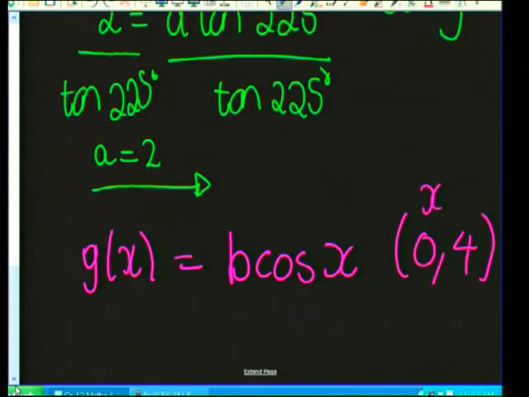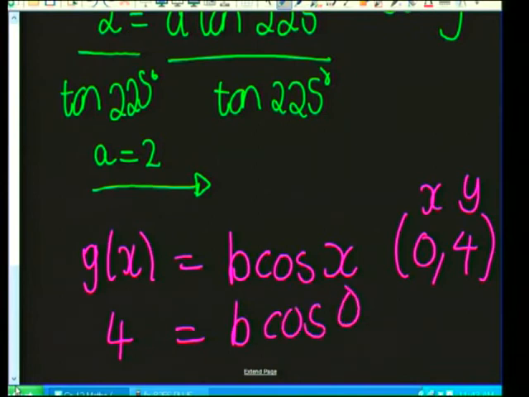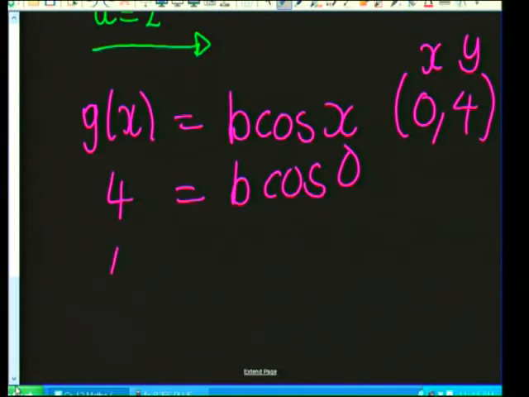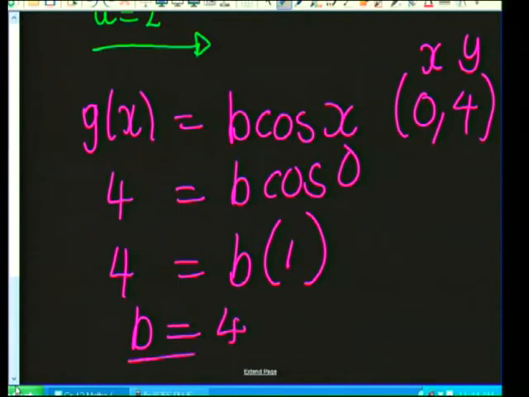So that's your x and that's your y. That means that 4 is equal to b cos 0. If you find cos 0 in your calculator, you'll find that it's 1. That means that b is equal to 4. So we're done with this part of the question.